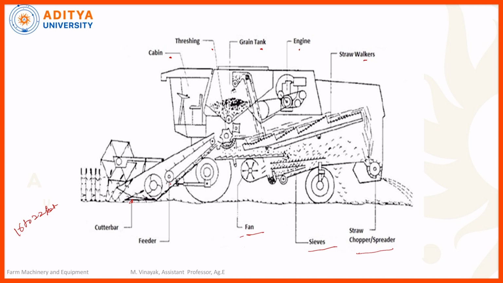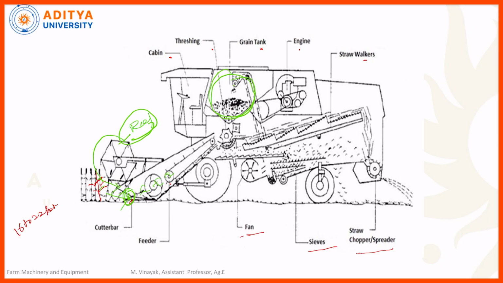First, I will explain how the combine harvester works initially. This one is the plant material, this one is a reel. The reel guides the crop towards the cutter bar. Here the cutting operation is carried out. After the cutting operation, the crop material travels towards the threshing chamber. Here the threshing chamber is provided.